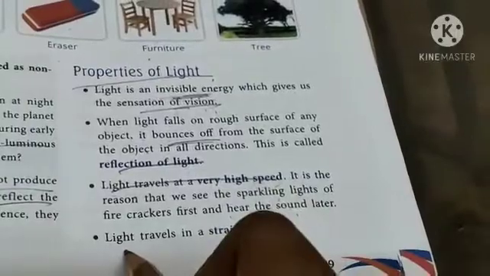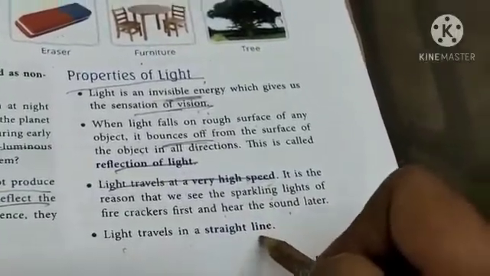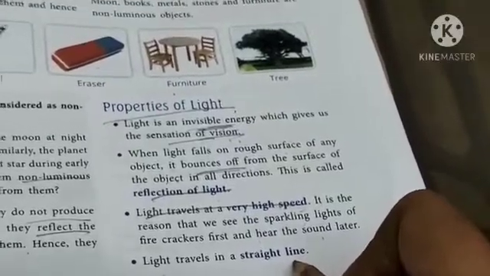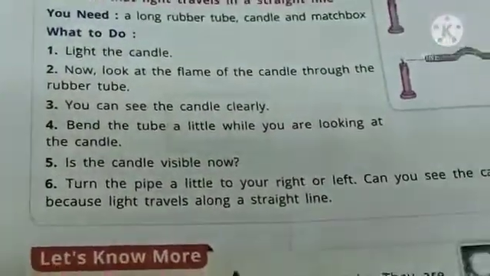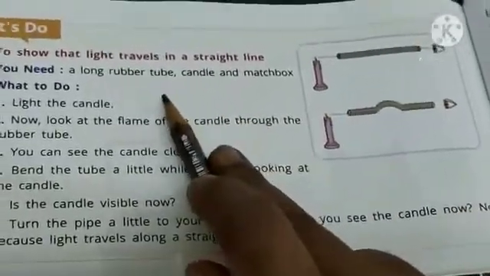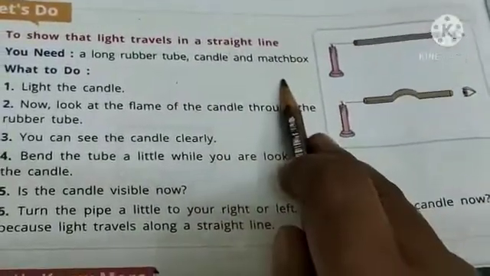Moreover, light always travels in a straight line. For this, there is one experiment. Let's see what it says. You have to take a candle, a rubber tube and a matchbox.